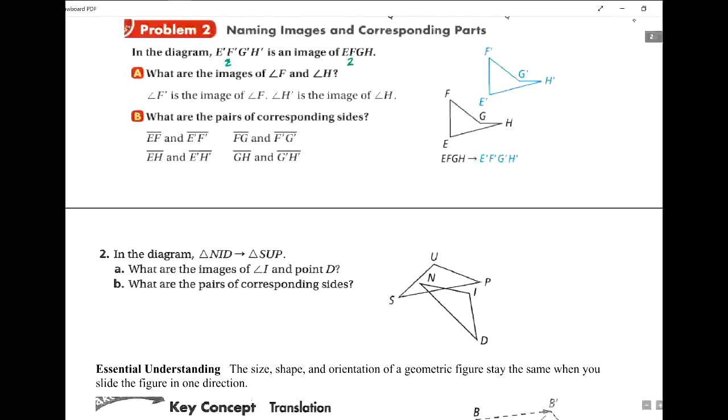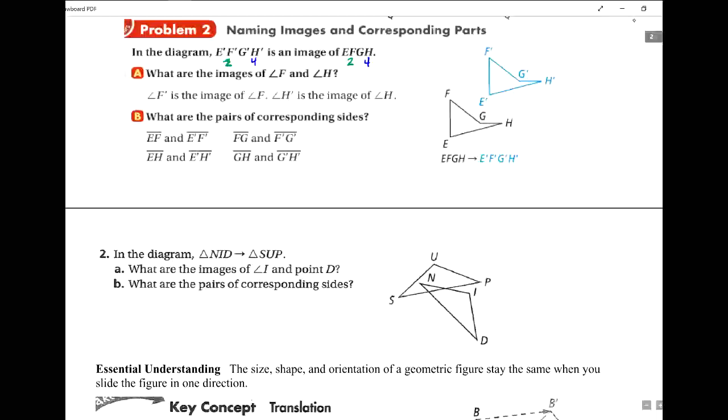So F prime is the image of F because they are both in position 2, just like when we did congruent and similar figures. Angle H is in position 4, so we look for position 4.